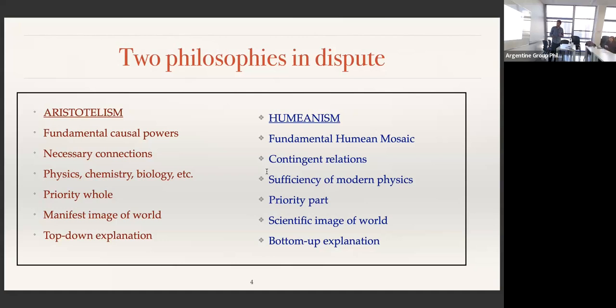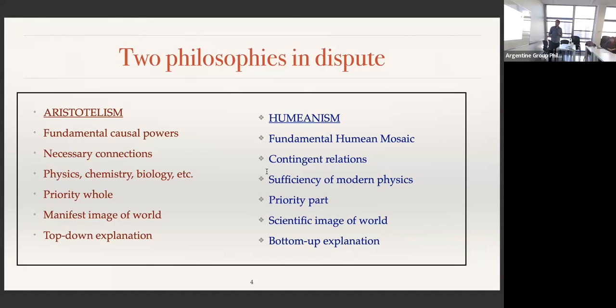On the other side, Humeanism is commonly described in terms of the Lewis-Humean mosaic of local matters of fact, and Humeanism commits to contingent relations, the sufficiency of modern physics, and the priority of parts over wholes.